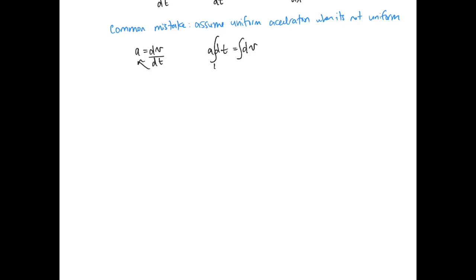So we end up, and this goes from t naught equal to 0 to t, and v naught to v. So this ends up being a t is equal to v minus v naught. If we arrange this, we have velocity is equal to the acceleration times time plus the initial velocity.